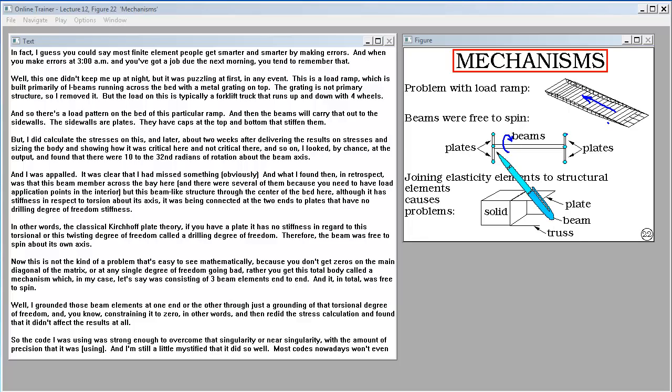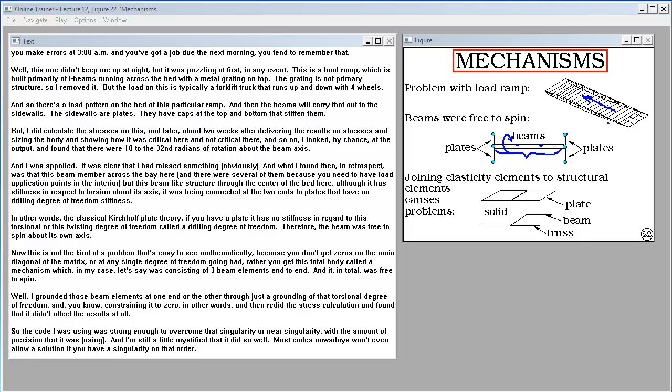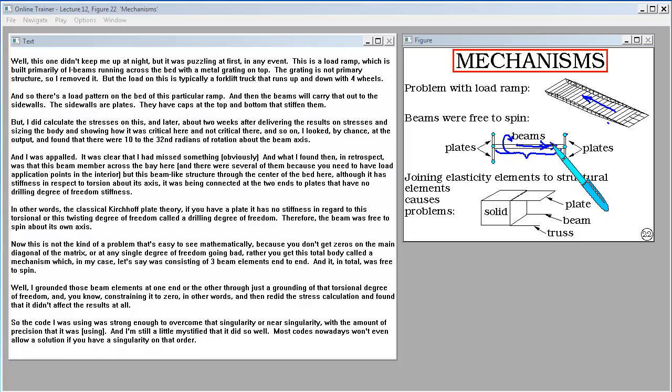And what I found then, in retrospect, was that this beam member across the bay here, and there were several of them because you need to have load application points in the interior, but this beam-like structure through the center of the bed here, although it has stiffness in respect to torsion about its axis, it was being connected at the 2 ends to plates that have no drilling degree of freedom stiffness.